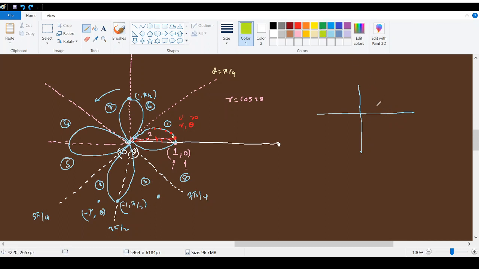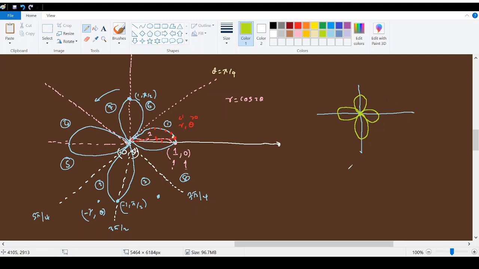Now we had a curve like this, and then we had it like this, and then we completed this portion, and after that we completed this one, and then we finally completed this one, right?